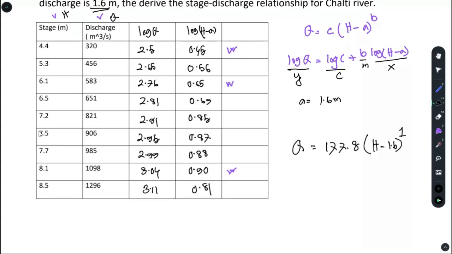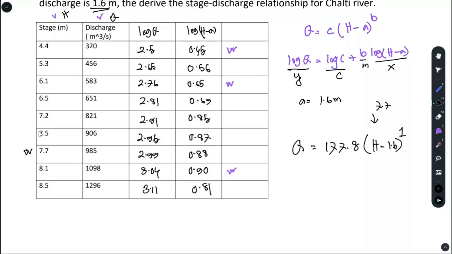So I didn't take it as 1.25 because it will generate a very high value. When you're doing this in exams, you cross-check that your values are satisfactory. Let's say you want to take the discharge for H equal to 7.7. See what happens. 177.8, H is 7.7, A is 1.6, and B is 1.